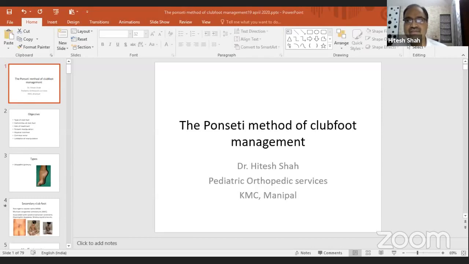The third difference is that Ponseti never ever everts the foot, while Kite used to evert the hind foot. We hold the calcaneum on the backside and evert it. And the fourth difference is that Kite never mentioned the Achilles tenotomy, while in most cases Ponseti recommends that you can do the hind foot correction with the Achilles tenotomy.